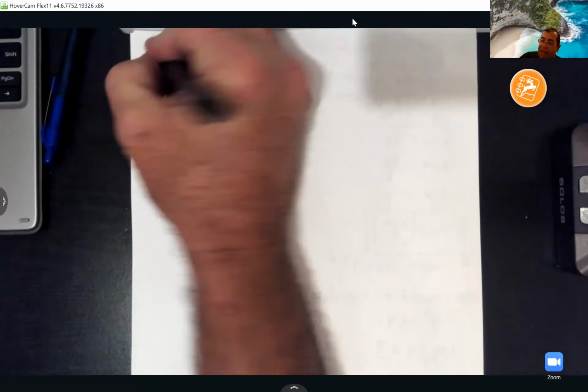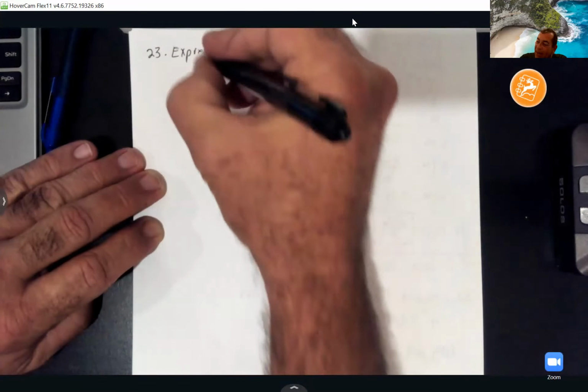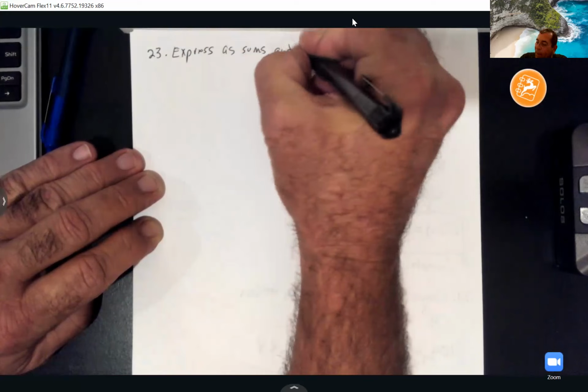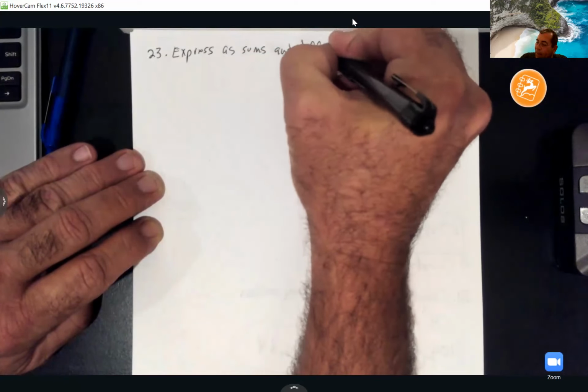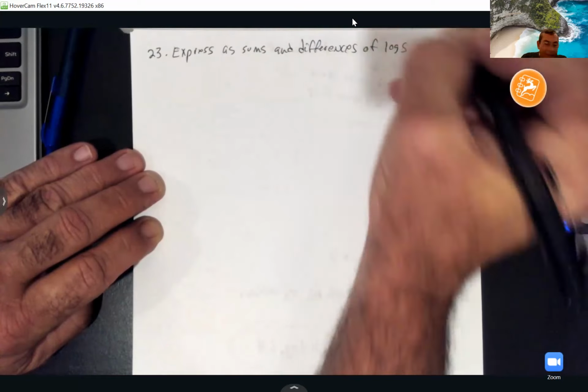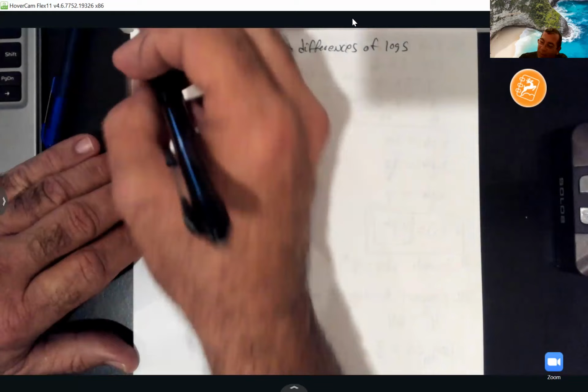All righty, 23. 23 came off of that test. I don't remember what number it was, but you'll remember it when you see it. Express as sums and differences of logs. This is the one I've been having y'all start the whole way through.